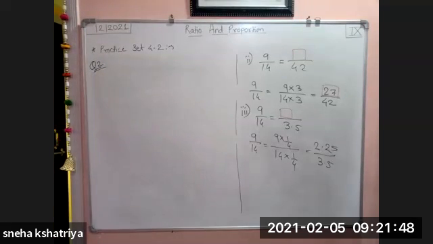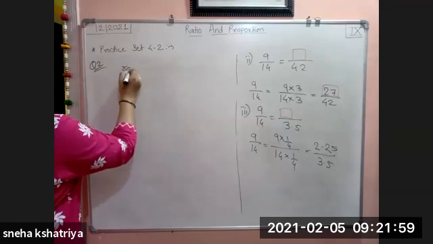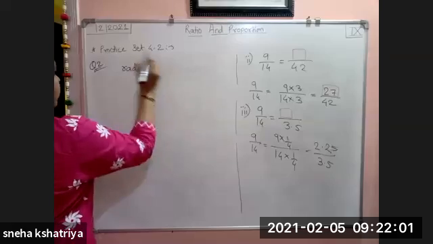Okay, what is question number 2? Find the following ratios. Whatever ratios they have given, we have to find out. First is the ratio of radius to circumference of a circle.